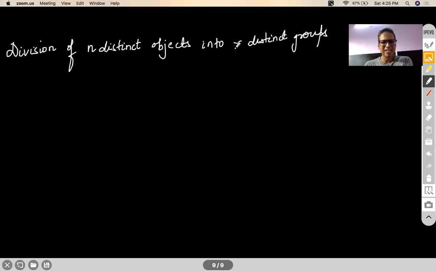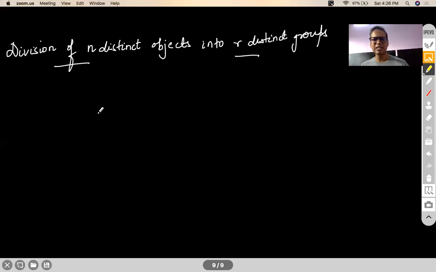Now many of you would be wondering, sir, isn't it a case where you are trying to distribute n distinct objects into r different groups, I mean, r groups where order is important? So why are we studying this concept separately? Isn't it included in the previous concept?